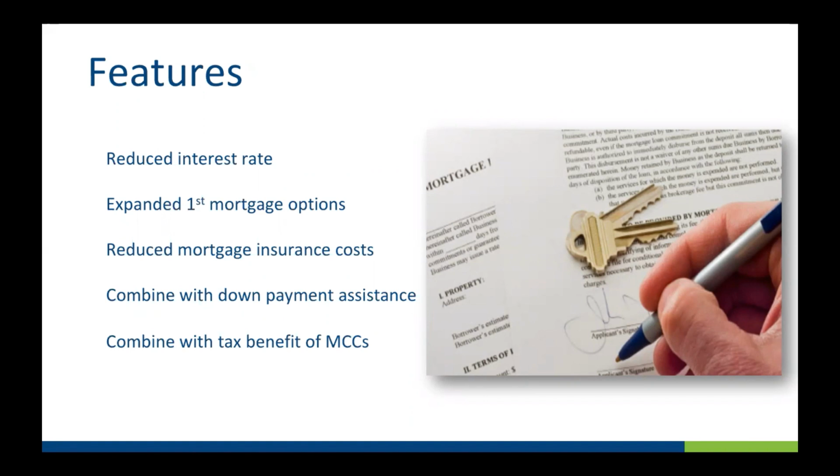Every lender obviously has first mortgage options. What's unique about what we're talking about here, affordable first mortgages, typically from your state housing finance agency or some other local housing finance agencies, is that these programs often can come with reduced interest rates or below market interest rates. There can be an expanded pool of first mortgage options. Some of them include reduced mortgage insurance costs.